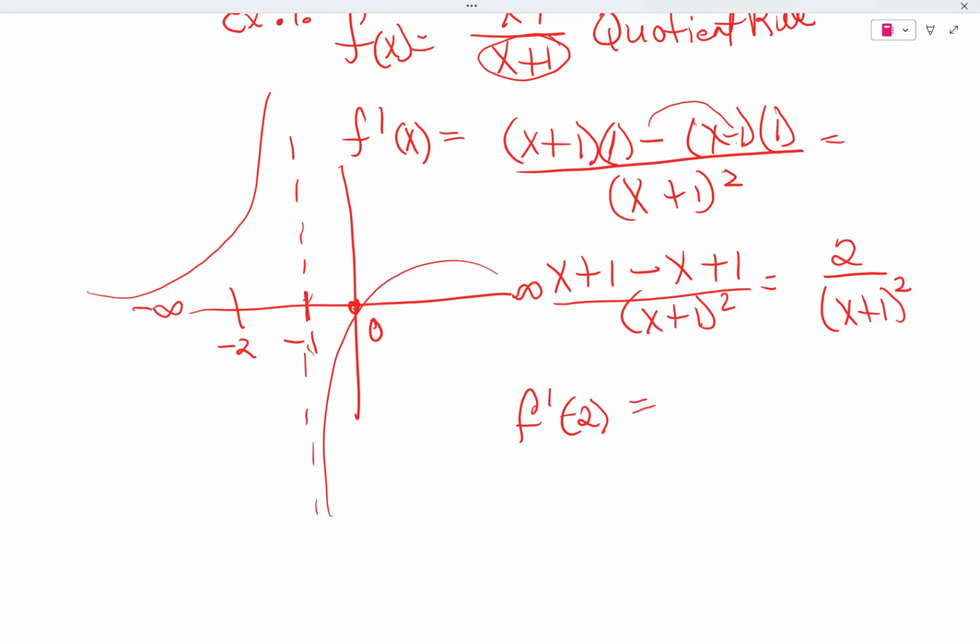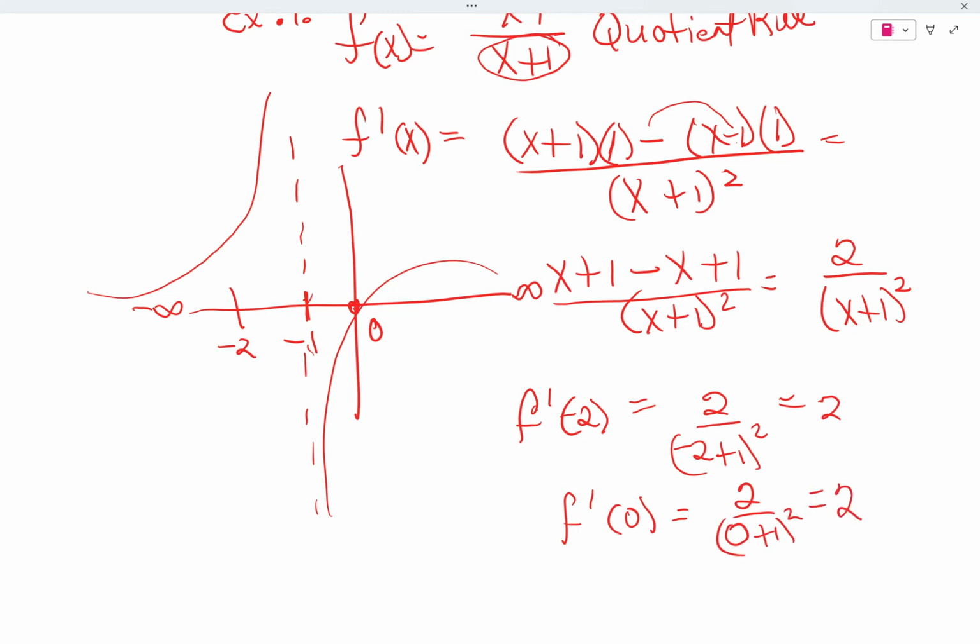So f of -2, we end up with 2 over -2 plus 1 squared, which is equal to 2. Another value is the critical point f of 0. In this case, we have 2 over 0 plus 1, and we're squaring that. And that gives us also a 2.